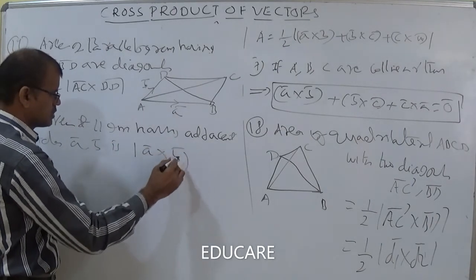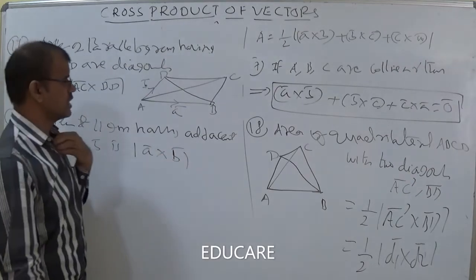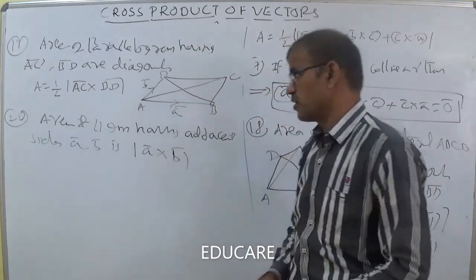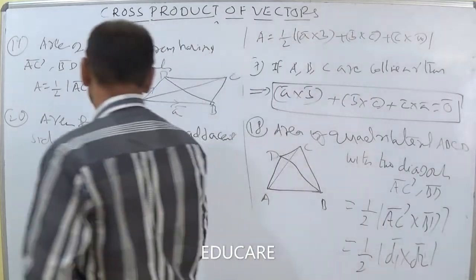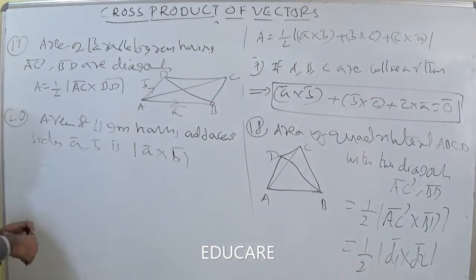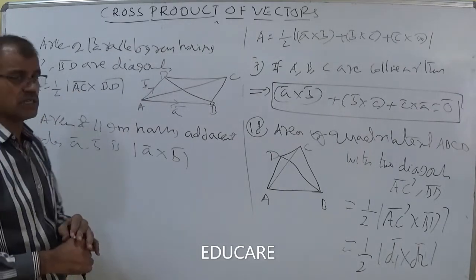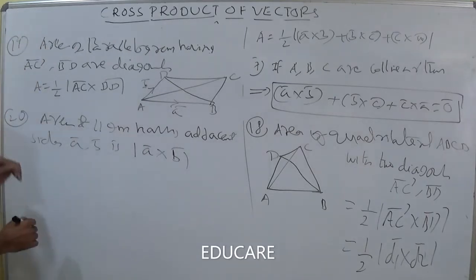Students, here 1 by 2 will not come, because adjacent sides depend on two triangles, AC and BD separately, and 1 by 2 and 2 into 1 will get cancelled. You get the answer A bar cross B bar. Don't get confused: whenever a diagonal is given, use 1 by 2 into AC cross BD; whenever adjacent sides are given, there is no 1 by 2, simply A cross B.